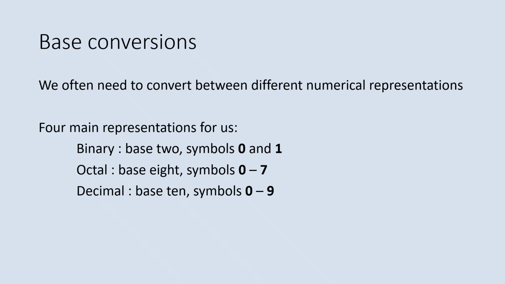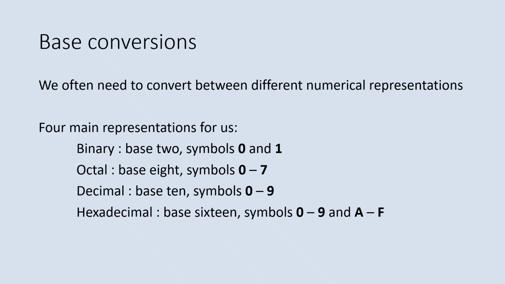We have the decimal system, which is base 10, the symbols 0 through 9, and then often the hexadecimal system, which is base 16. So we need 16 different symbols, and we usually use the symbols 0 through 9, and then 10 is represented by A, and 15 by F. So we have 0 through 9 and A through F.